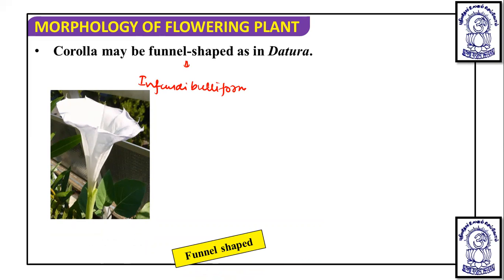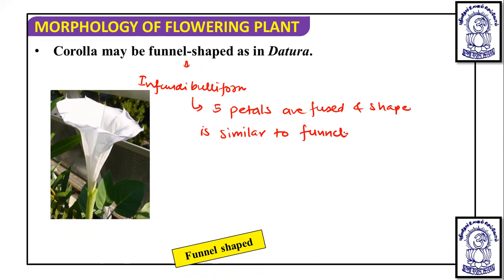Now, funnel shaped or infundibuliform means in this, five petals are found to be fused, and the fused shape is similar to a funnel. And the example of this is datura. As you can see, it is forming a funnel shaped structure here. Because of this, we are naming it funnel shaped.